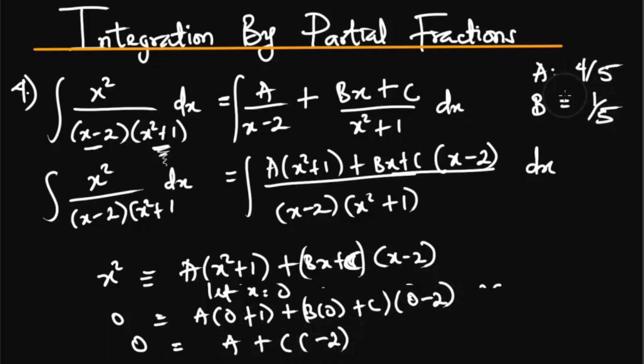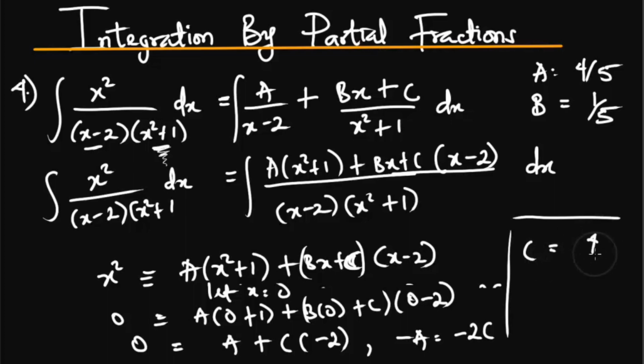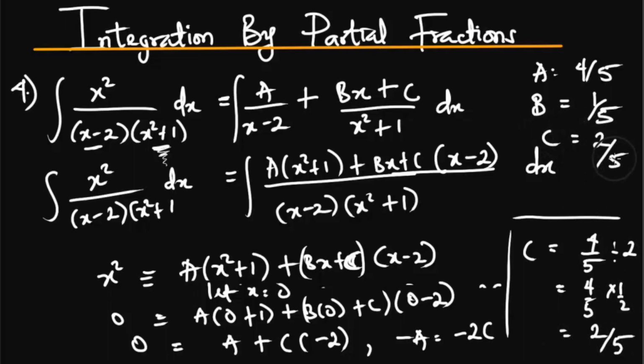We've gotten a to be 4 over 5. So if I take a to the other side, minus a equals minus 2c. And so c equals 4 over 5 divided by 2. Is that right? Yeah, that's it. So this is 4 over 5 times 1 over 2, and we have 2 over 5. So c equals 2 over 5.